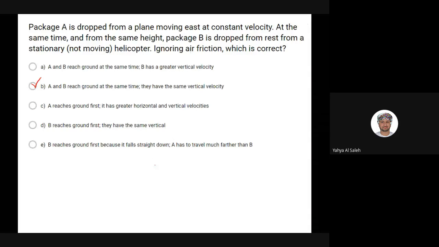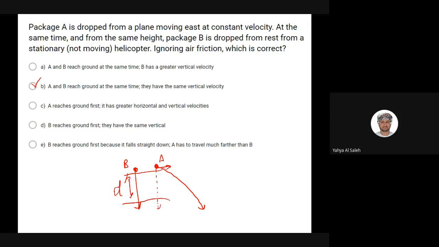So since object A falls like this and object B falls like this, amazingly, they still reach at the same time because the vertical distance, this distance, is the same for both of them, irrespective of the fact that A goes to the right. Okay, I'm really happy to see this.